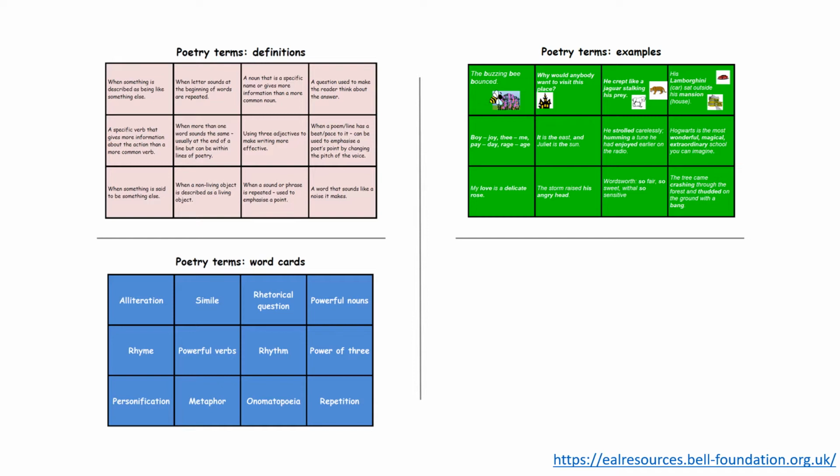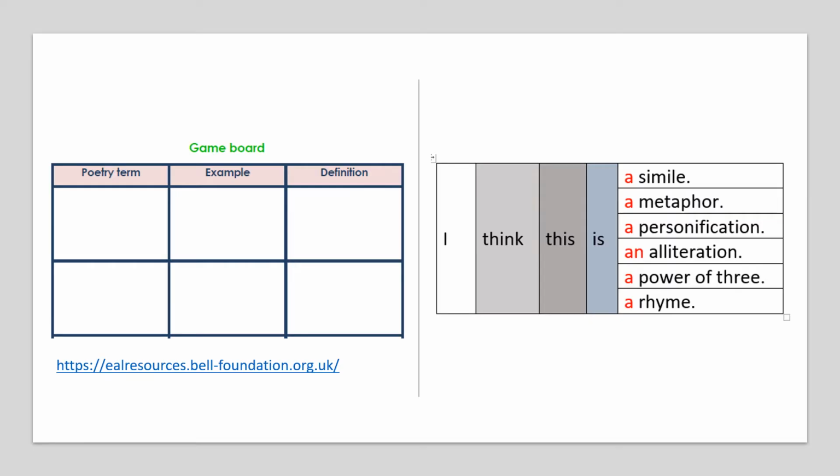The game involves three sets of cards: poetry terms cards, examples cards, and definitions cards. Students need to place them on a large board, a part of which you can see here on the left, which is significantly larger than the one presented here. It has more rows.